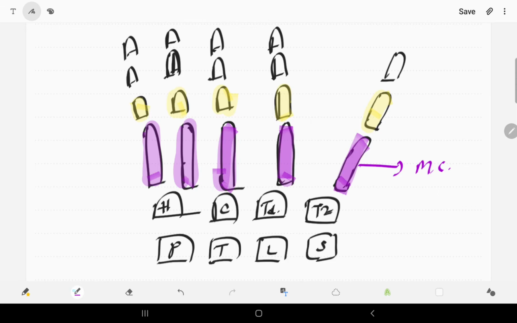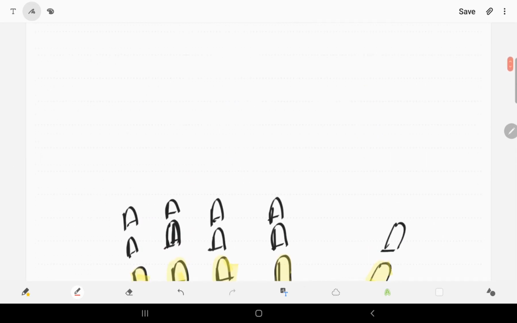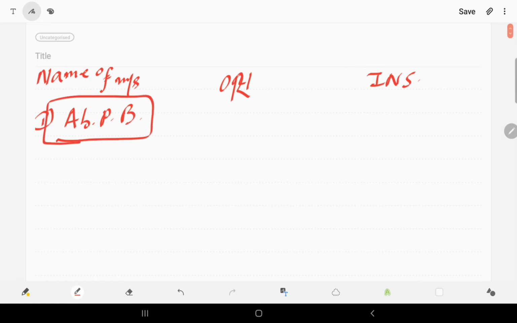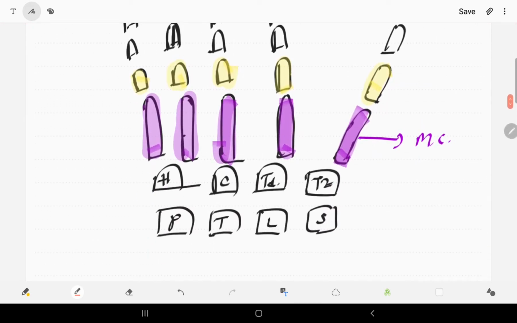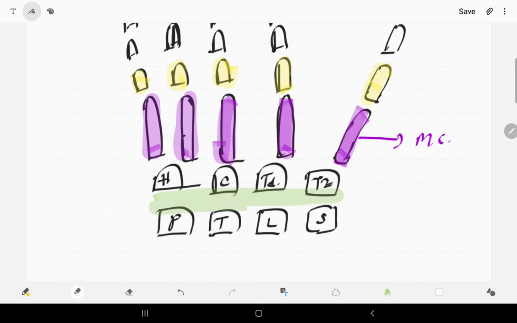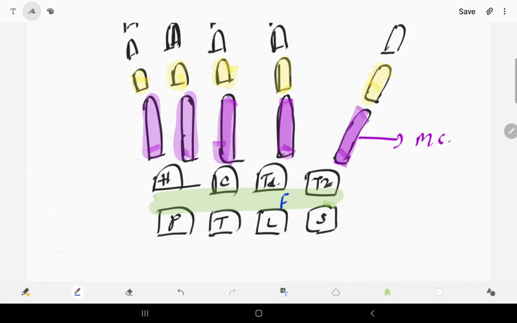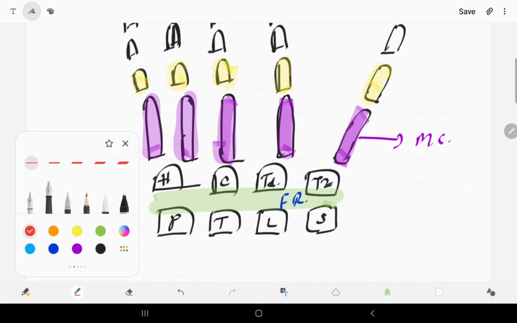Now the origin of which muscle? The abductor pollicis brevis. Origin and insertion of abductor pollicis brevis. I already told you the abductor pollicis brevis originates from this region somewhere. This is your flexor retinaculum, and from this region your abductor pollicis brevis is originating.